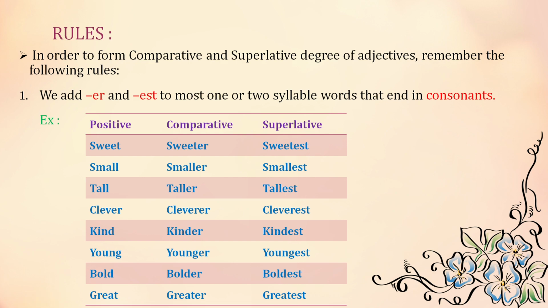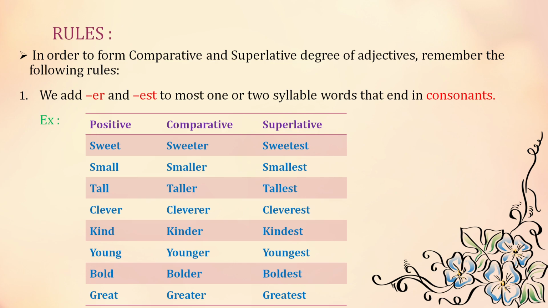So we can see here there are either one or two syllables, and all the words are ending with a consonant sound, so we will simply add ER or EST to the positive. Let's take a few examples. Sweet, sweeter, sweetest. Small, smaller, smallest. Tall, taller, tallest. We are simply adding ER for comparative and EST for superlative.